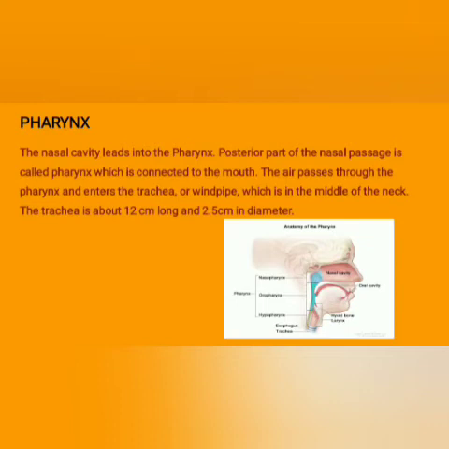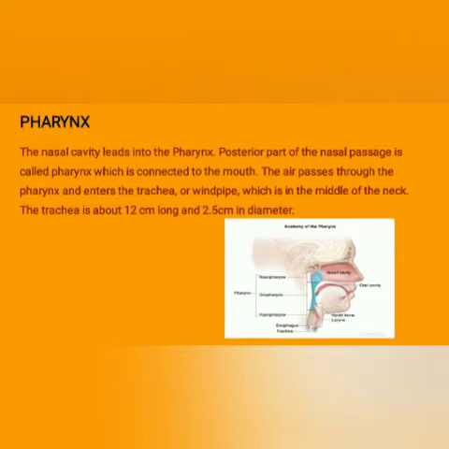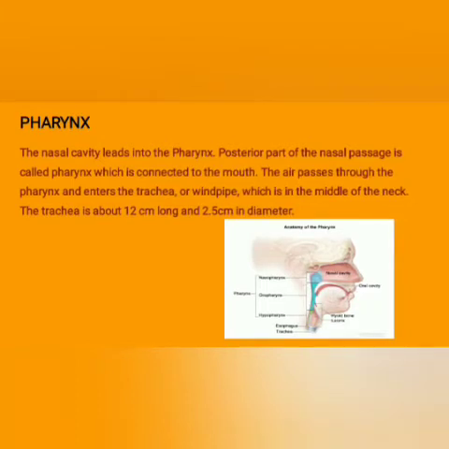The next part is pharynx, which is about 12 cm long and 2.5 cm in diameter. So pharynx is situated at the back of the mouth. It is a common passage for both air and food. And it leads into an air tube, the trachea, that is windpipe, and a food tube, that is esophagus, that is located dorsally behind the trachea.